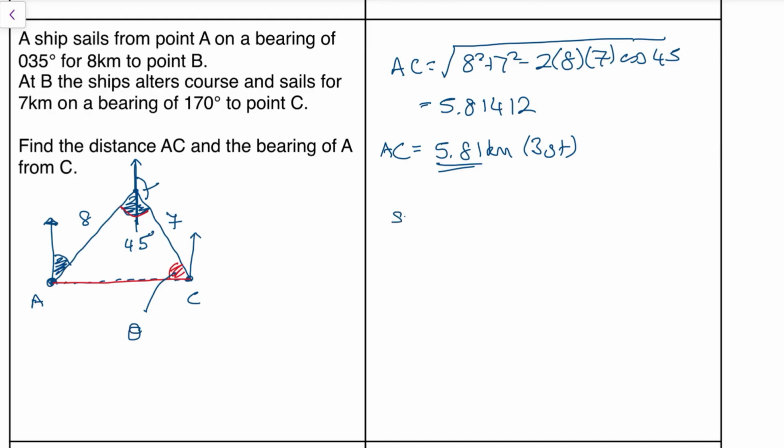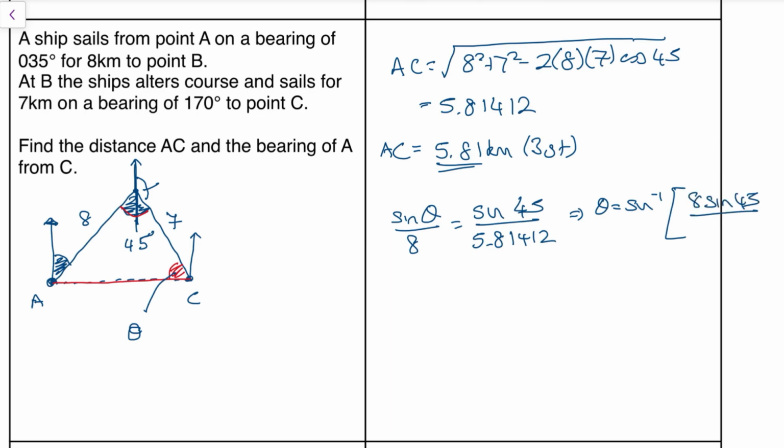So I'm going to say the sine of theta over the opposite, which is 8, is equal to the sine of 45 over the opposite, which is the one I've just worked out, 5.81412. That means that theta is equal to sine minus 1 of 8 sine 45 divided by 5.81412.